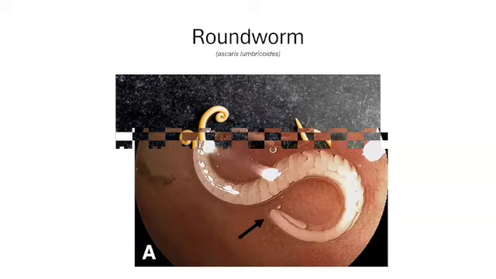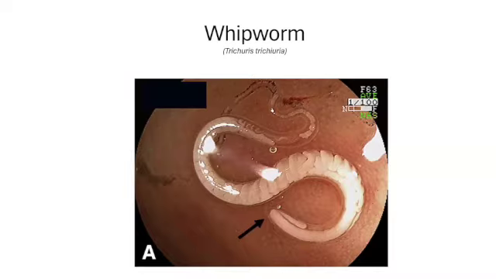Here's the next one. Oh, yes, here's a whipworm. This is a very simple thing. The thicker part of the whipworm is towards the tail end. The head is very, very small. In this specimen, it's kind of curved round underneath the rest of the worm's body.